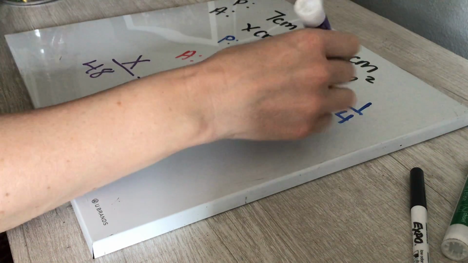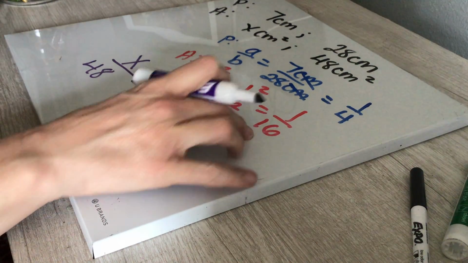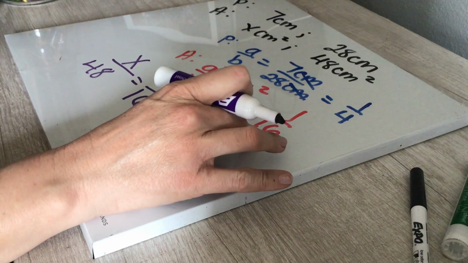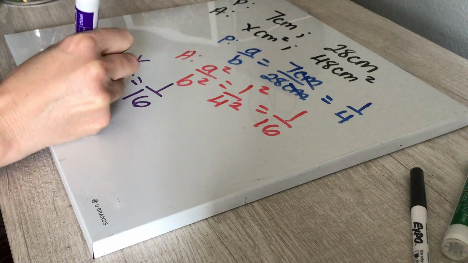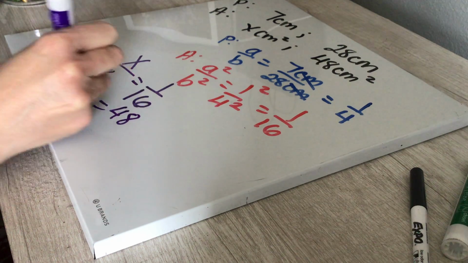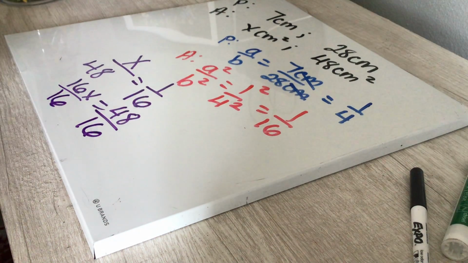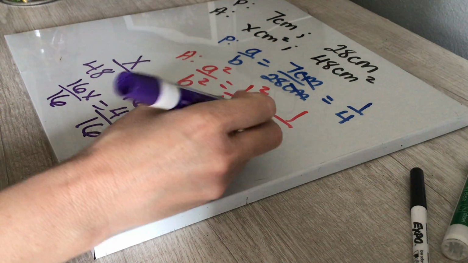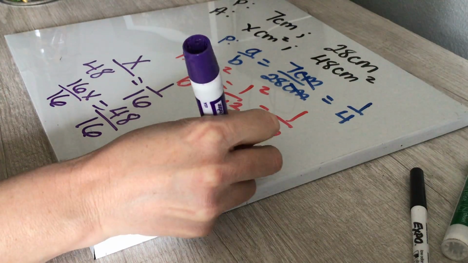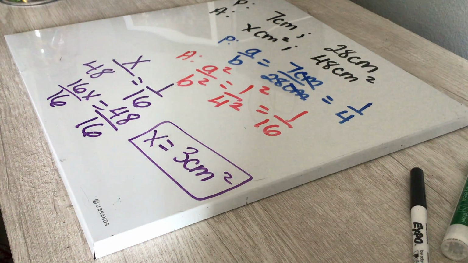We found that the ratio has to reduce to 1 over 16 because we used the perimeter to get the ratio of the areas. You can cross multiply, so 16x equals 48, then divide by 16. 48 divided by 16 gives us x, so x equals 3 square centimeters is what we would expect the area of that smaller figure to be.